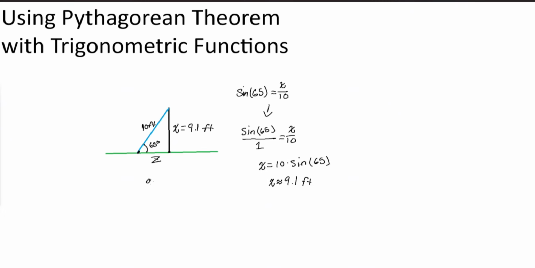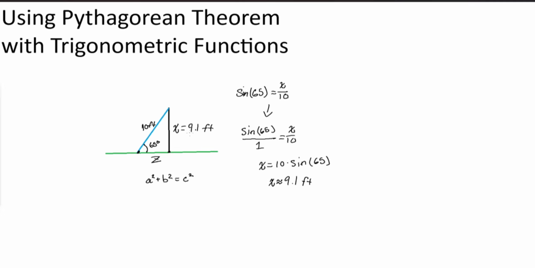We know Pythagorean theorem is a squared plus b squared is equal to c squared, which is saying leg 1 squared plus leg 2 squared is equal to the hypotenuse squared.